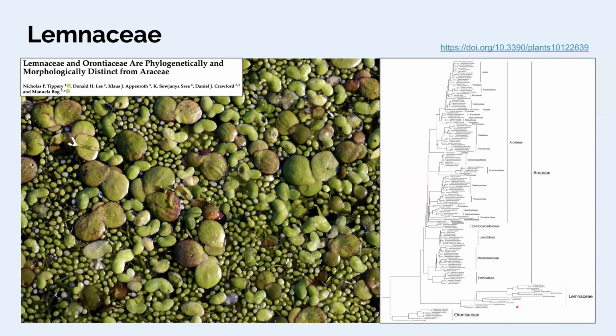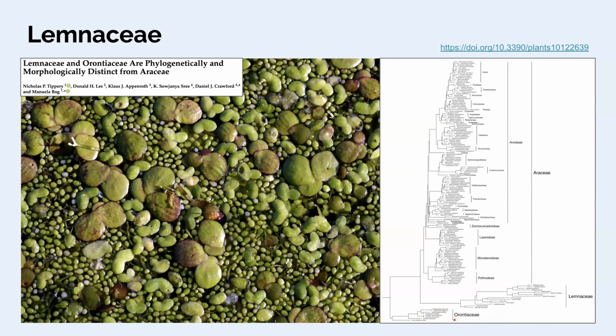And with this paper that I'm highlighting here, we were trying to make the case, and we'll see how much traction it gets, that the duckweeds can be maintained as their own family, Lemnaceae, separate from Araceae. All that would take would be to elevate this little group of plants. It's not a large group of plants. This is all the members of that group.